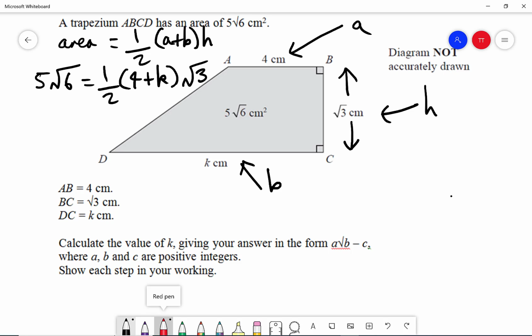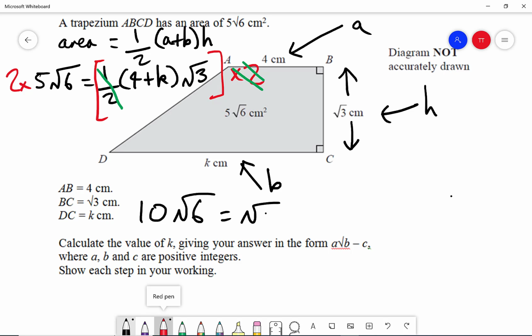Now to get rid of this half, we're going to times both sides by 2. Then the half and the 2 will cancel out. So 2 times 5√6 will give me 10√6.